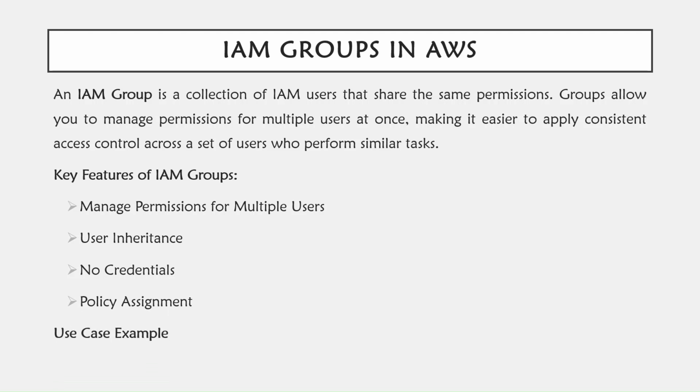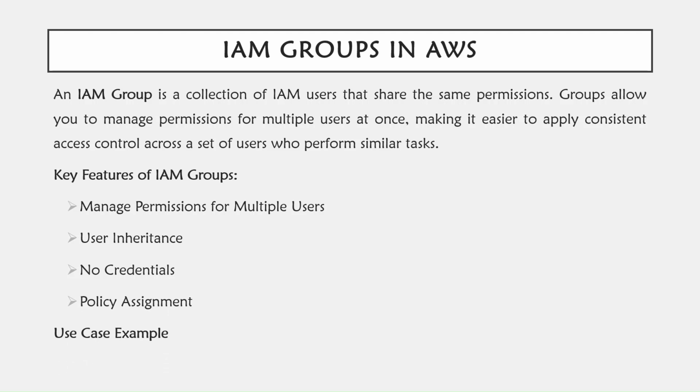So let's understand the use case example. Here I have taken a developer group. Imagine a scenario where you have a team of developers who need access to some specific AWS resources such as EC2 instances and an S3 bucket.